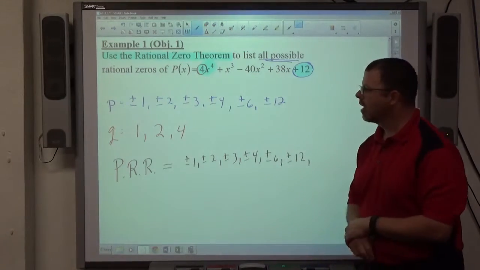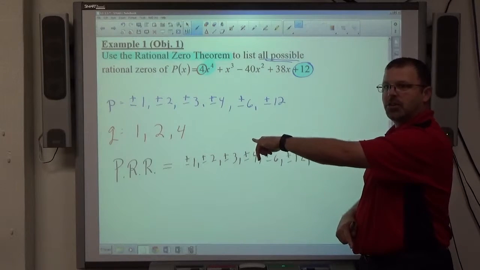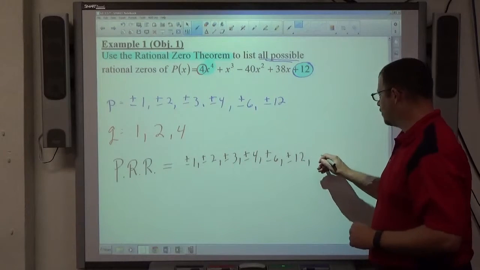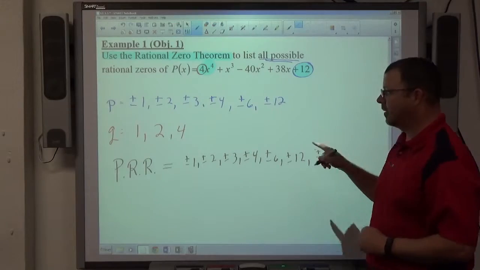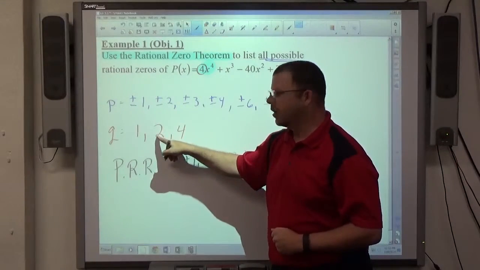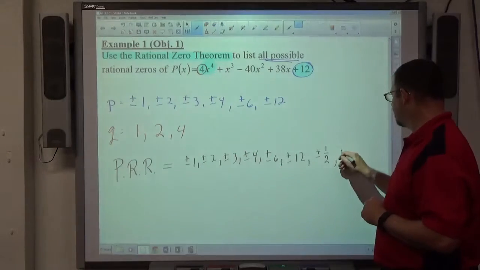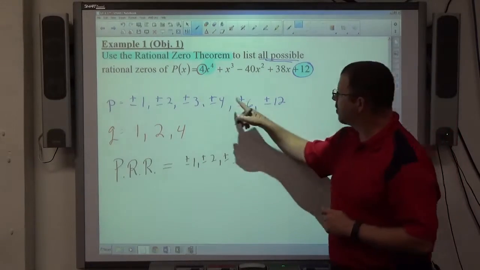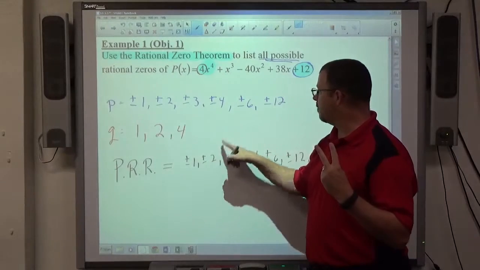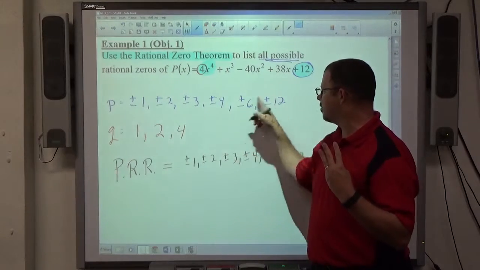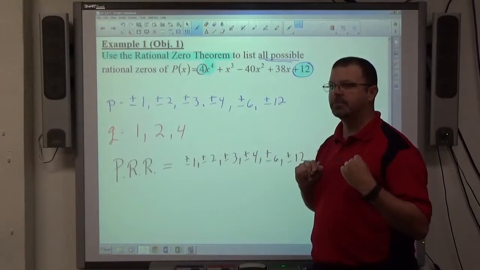If I take each of those numbers divided by 2 and reduce, I'm going to get plus or minus 1/2. 2 halves is equal to 1, we already have that. 3 halves we don't have yet, so plus or minus 3 halves. Plus or minus 4 halves equals 2, we already have. Plus or minus 6 halves is 3, we already have that. Plus or minus 12 halves equals 6, we already have that.